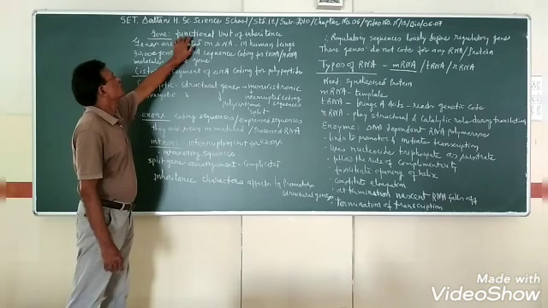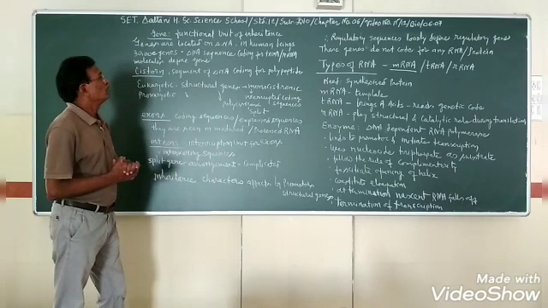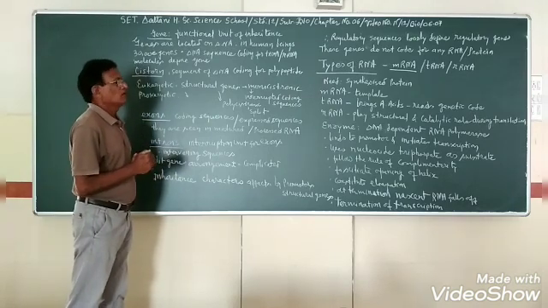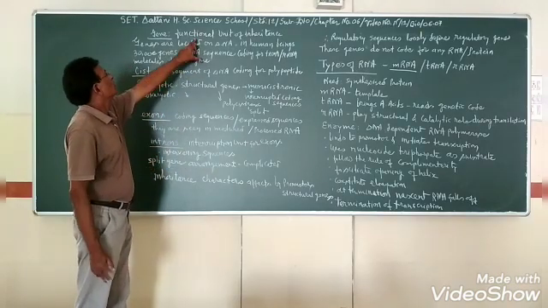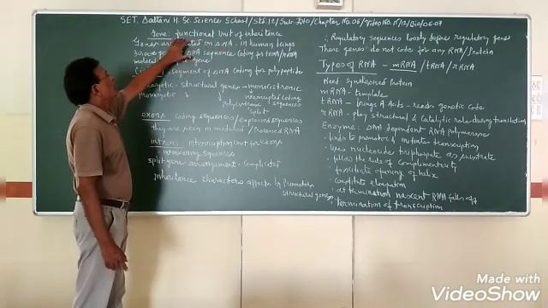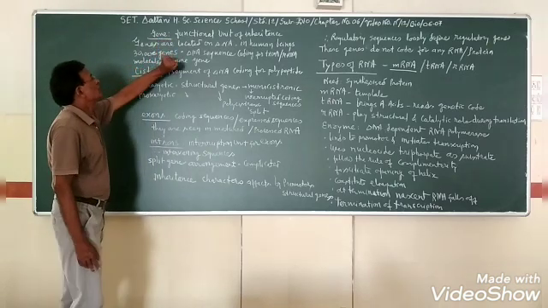What is a gene? A gene is a functional unit of inheritance. Inheritance is what we get from our parents, and this parental information is inherited through the genes. So it is a functional unit.